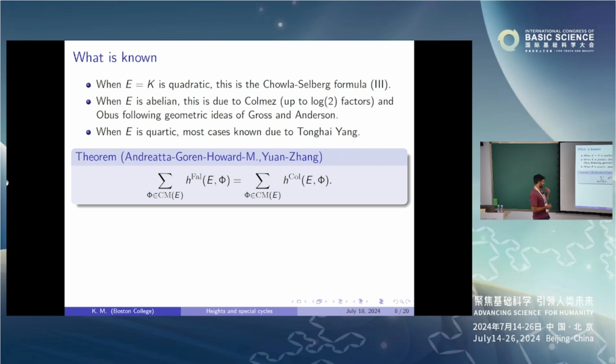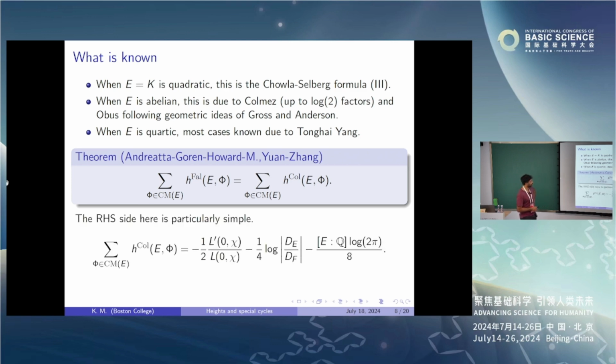But in any case, this is work of Andreatta, Goren, Howard, and me. And there's another independent proof by Xinyi Yuan and Shou-Wu Zhang at the same time. And the reason why this is, in some sense, approachable, as opposed to the general conjecture, is that the right-hand side is really simple.